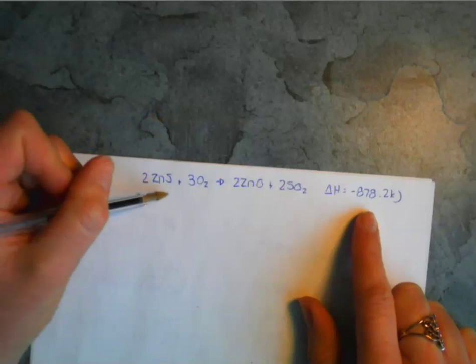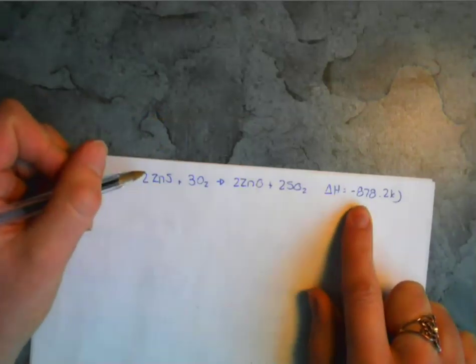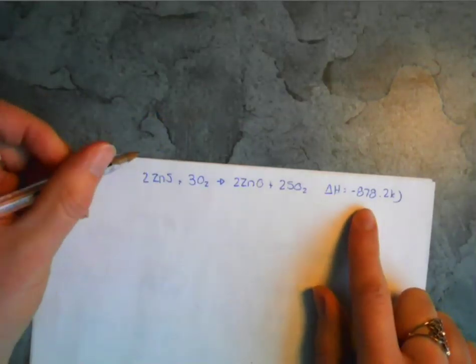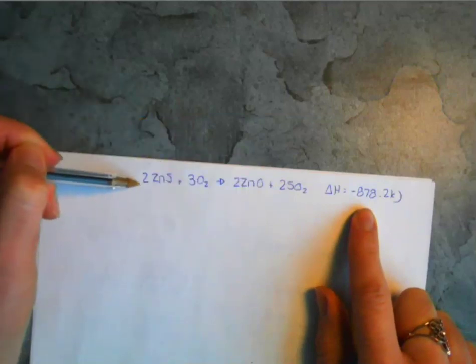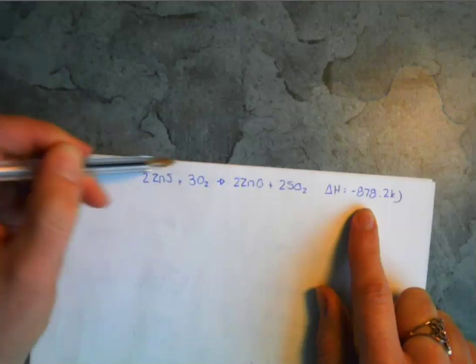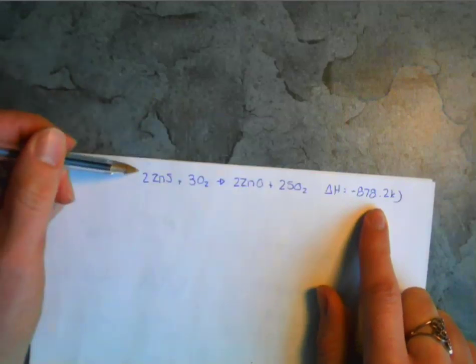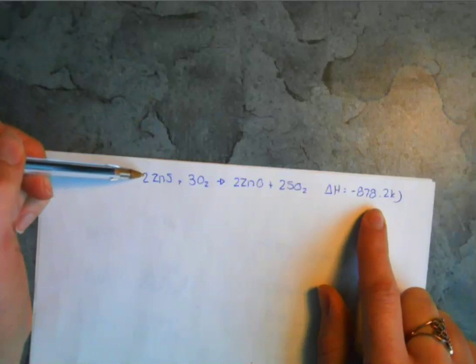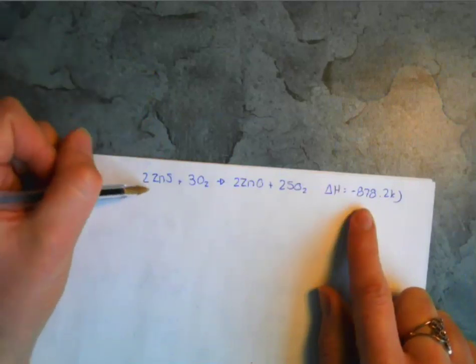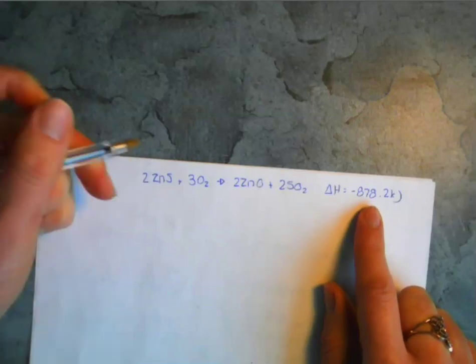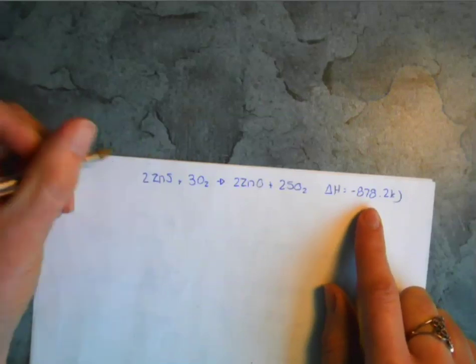So basically what you need to do is say if negative 878.2 kilojoules was released for this reaction where 2 moles of zinc sulfide are consumed relative to these other portions, then basically that means this much is for 2 moles. So we want to figure out how much it is for 1.